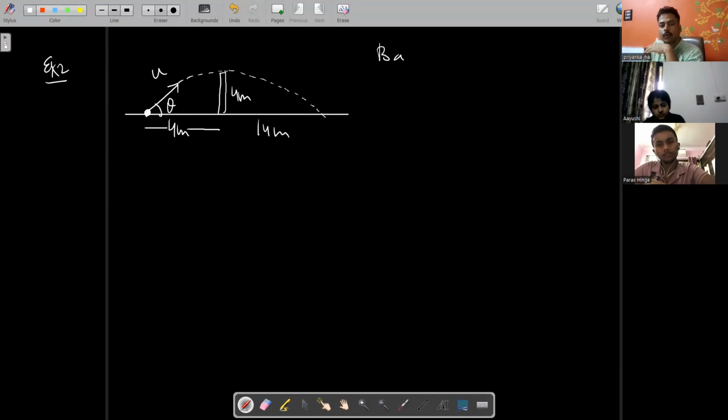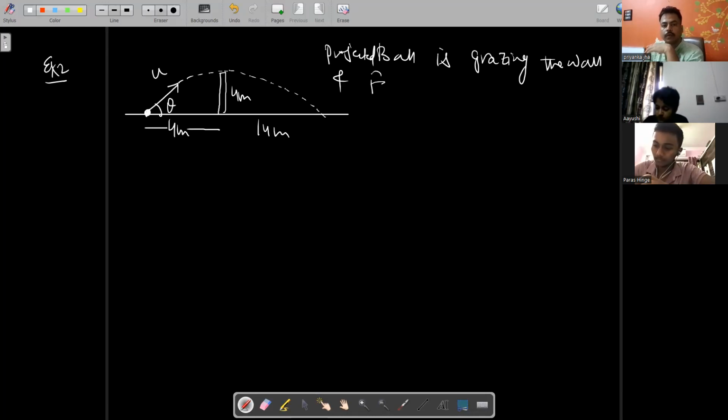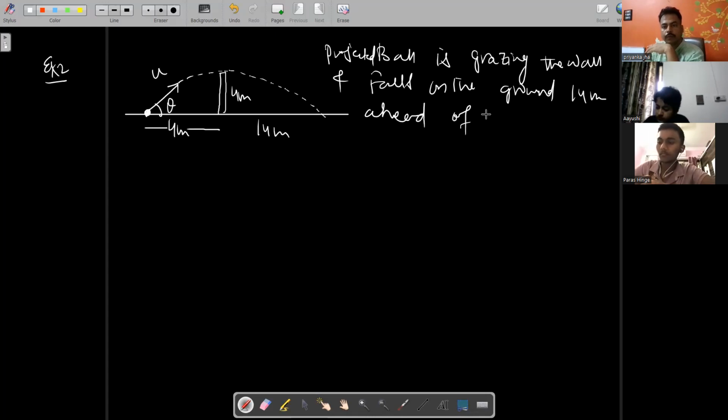So the projected ball is grazing the wall and falls on the ground 14 meters ahead of the wall.